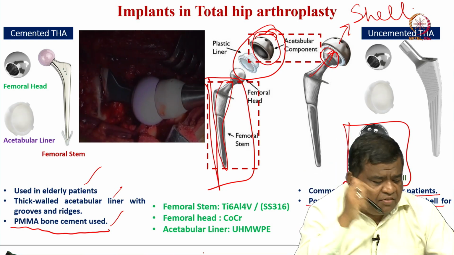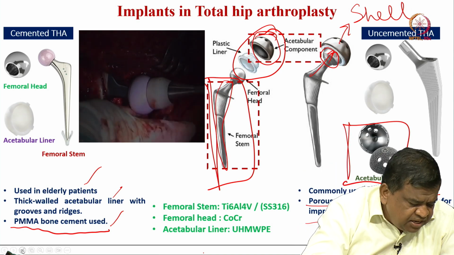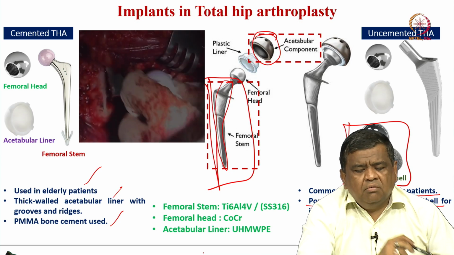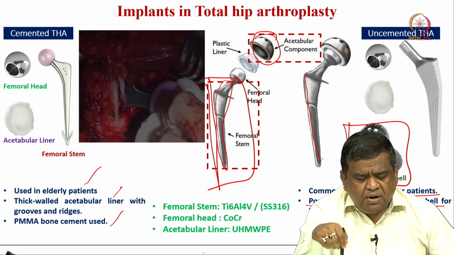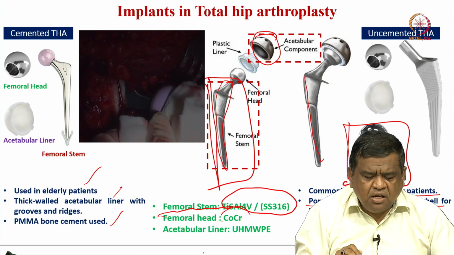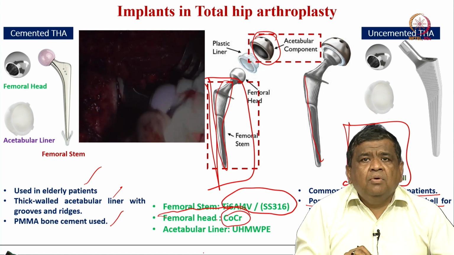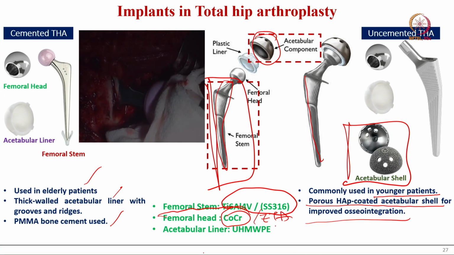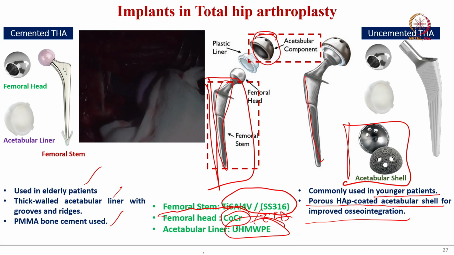So, here the examples of the implants are essentially the femoral stem, which is made up of titanium 6Al4V or stainless steel 316. The femoral head can be cobalt chrome or can be ceramic like zirconia toughened alumina, and the acetabular liner is ultra-high molecular weight polyethylene.